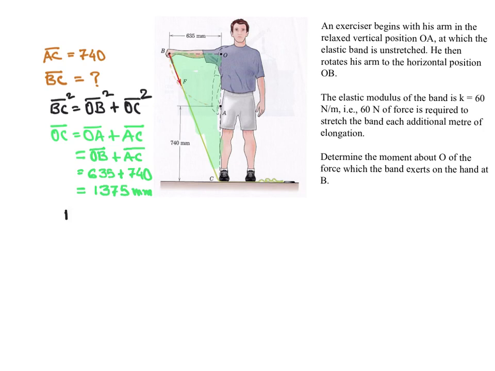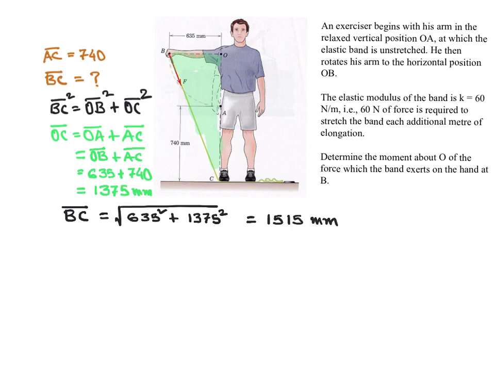So that gives us BC now. Using Pythagoras, BC would be the square root of OB square, which is 635 square, plus 1375 square. That would give us 1515 millimeter.